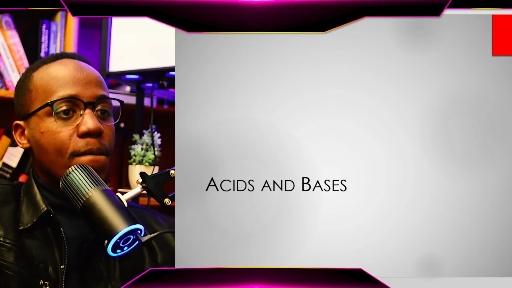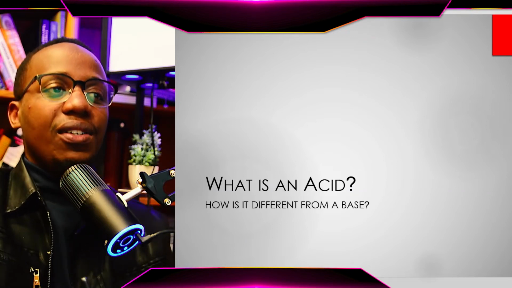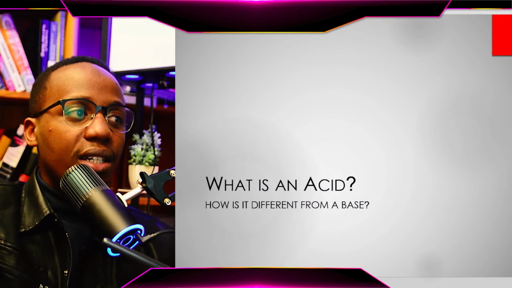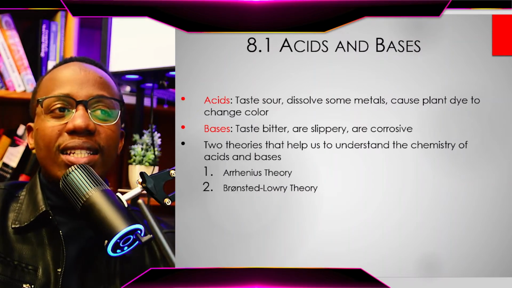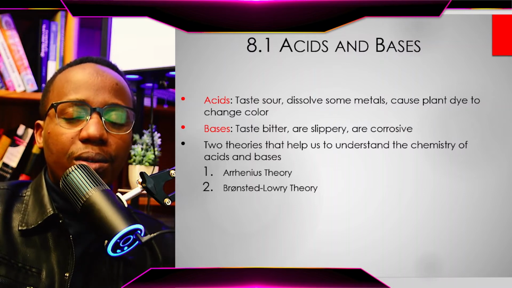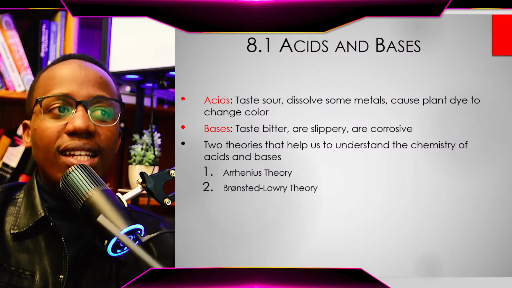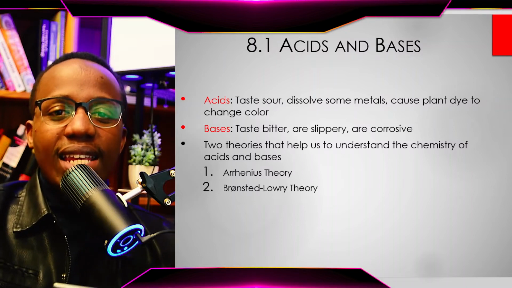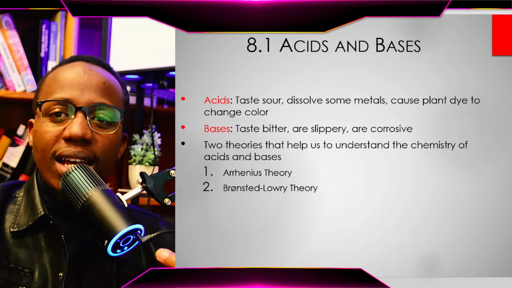So acids and bases. What is an acid and how is it different from a base? So usually you hear acid as something that tastes sour or something dangerous that can dissolve metals or they can dissolve your skin. Bases are things that taste bitter, they can be slippery, they can be corrosive, but that's not enough.